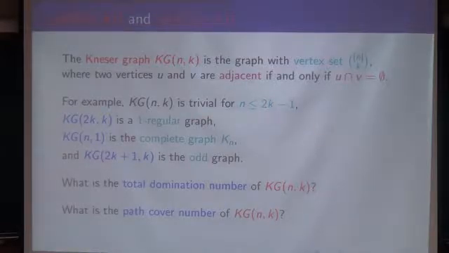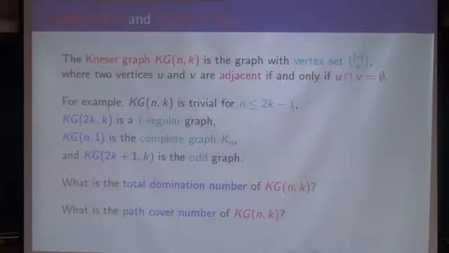Anyway, Kneser graphs are regular graphs of degree n minus k choose k. And the connectivity of a Kneser graph is also n minus k choose k. And the independence number of a Kneser graph is n minus 1 choose k minus 1. That is related to the Erdős–Ko–Rado theorem.